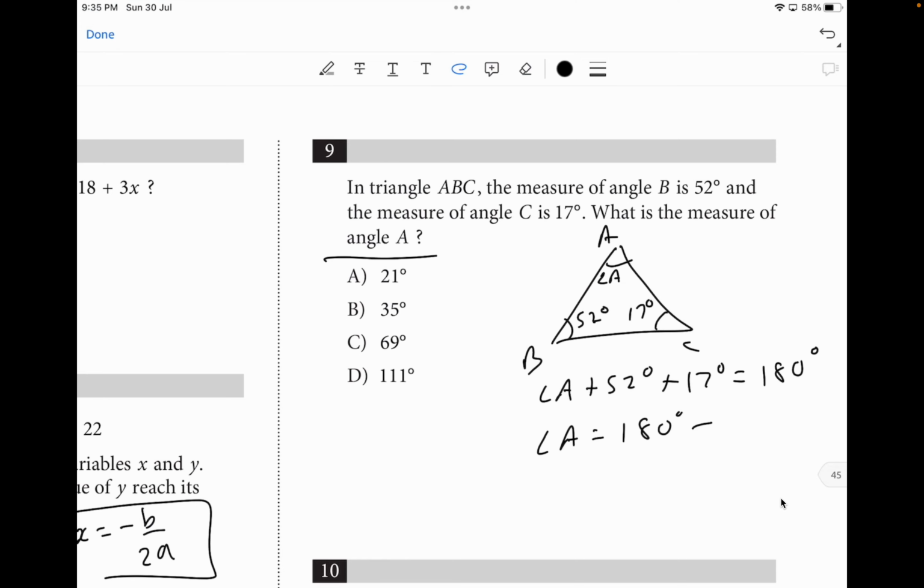That's roughly 69 degrees. So 180 minus 69 is going to give you roughly 111 degrees. So angle A is going to be 111 degrees. So choice D is going to be your correct answer in this case. Okay, now question number 10.